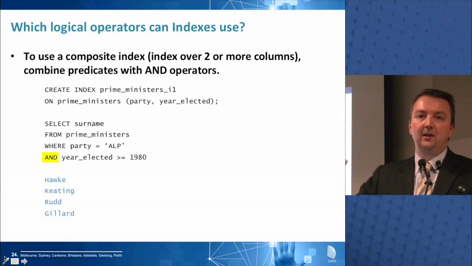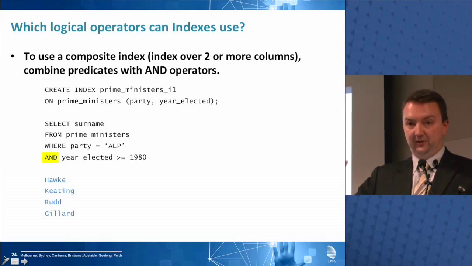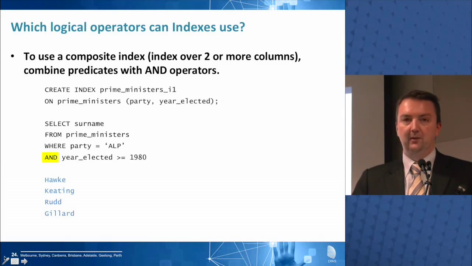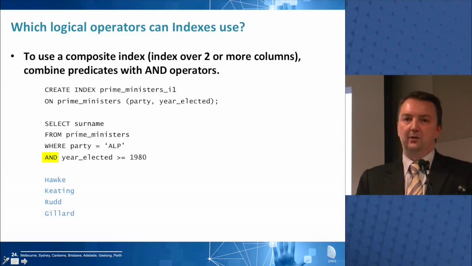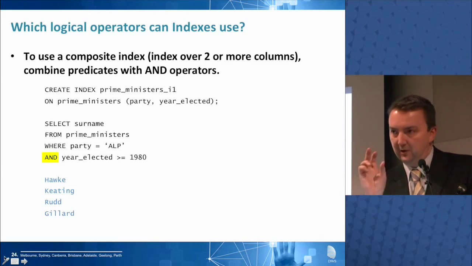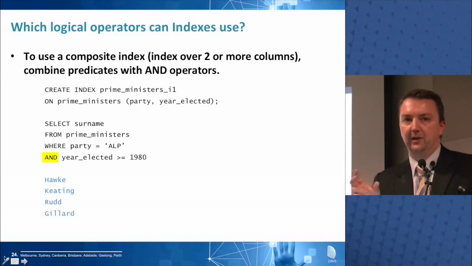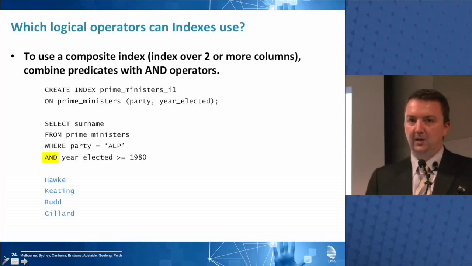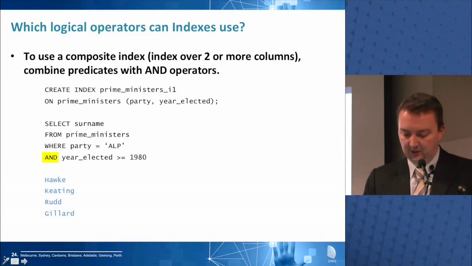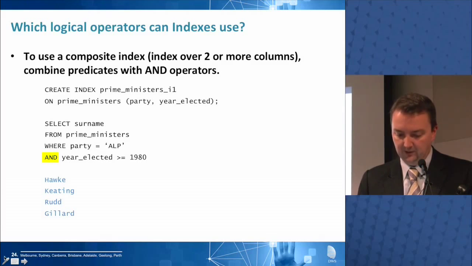I'll do one just on party because I've got an index on that. If I had another index where the first column was year elected, I might do a second scan on that one. That's possible. It's not going to use both columns of a concatenated index for an OR condition. Not conditions, forget about it. Anywhere where you see a not, that's death to indexes.